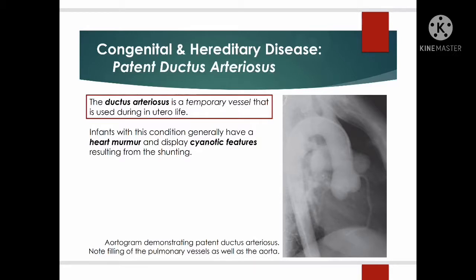The imaging modalities and assessments that play a critical role in the diagnosis and treatment of congenital anomalies are radiography and ultrasound, and physical examination to diagnose heart murmurs. A heart murmur is an abnormal heart sound resulting from disturbed or turbulent flow, often through malformed valves. And last is ECG.